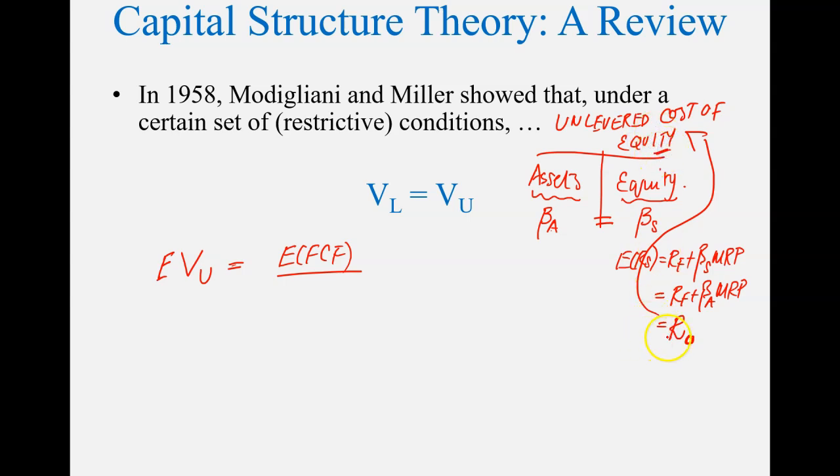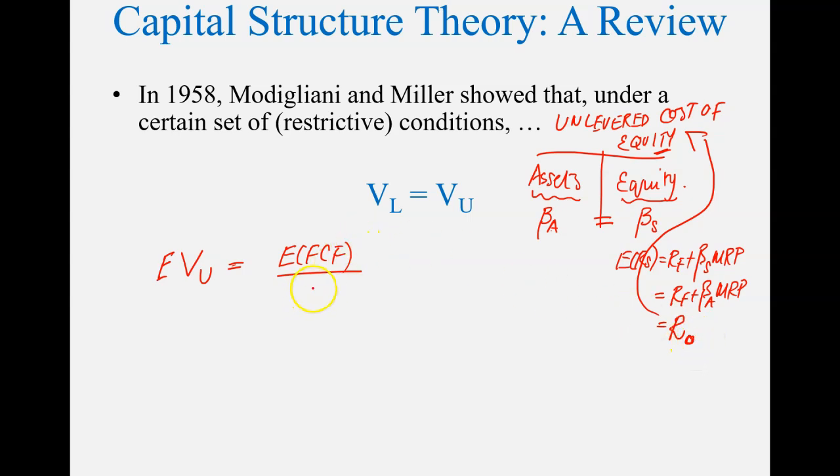It is that cost of equity that exists when the firm has no debt, which is a very, very specific situation. And you can get this by plugging in asset beta into the capital asset pricing model. You can do that because in an all equity firm, the equity beta is in fact the asset beta. Okay, so R0 refers to the unlevered cost of equity.